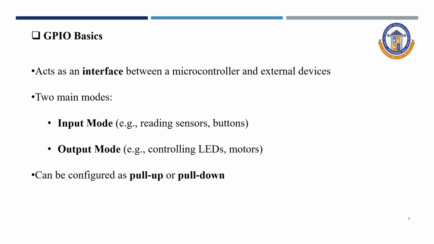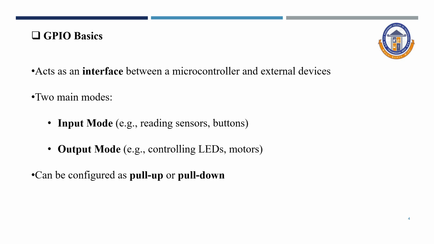The general purpose input output pins of a microcontroller have two different modes. One is the input mode, another one is the output mode. From the example I already mentioned, you may have observed whether it acts as an input or output. For example, if the general purpose input output pin acts in input mode, we are reading information from the external world, or we are getting some interrupts through buttons.